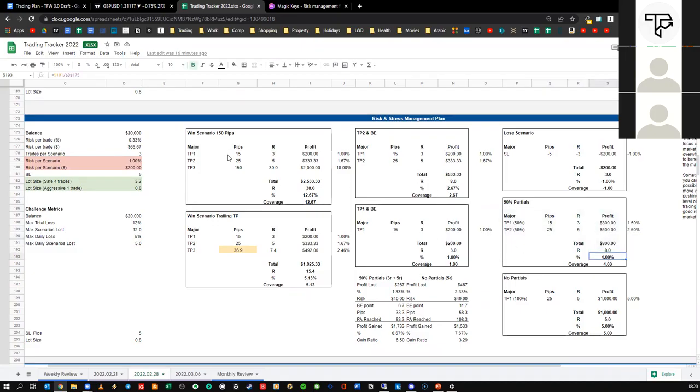The benefit of not doing the partials in this percentage and actually doing a third is explained here. So let's take the 50% scenario. If you had not taken 50% at those 2 TPs, you would have left profit of 800 minus 530.